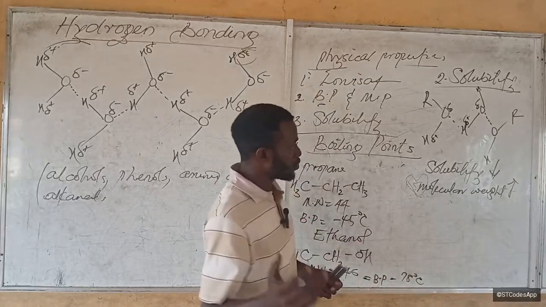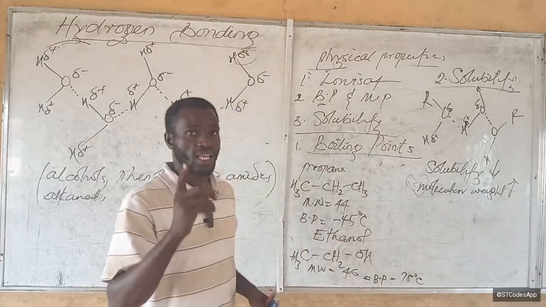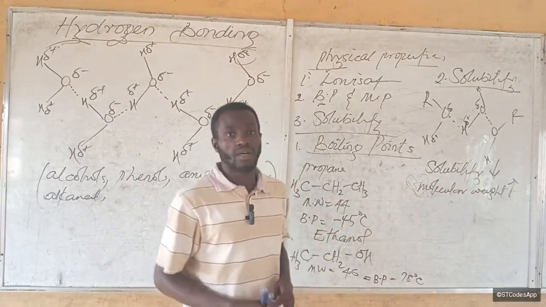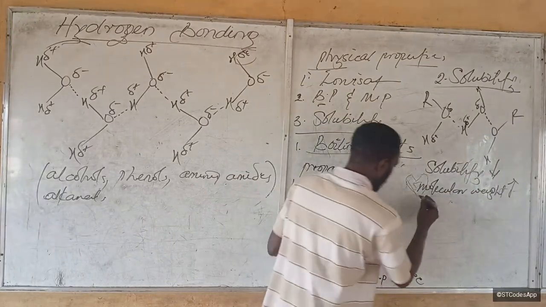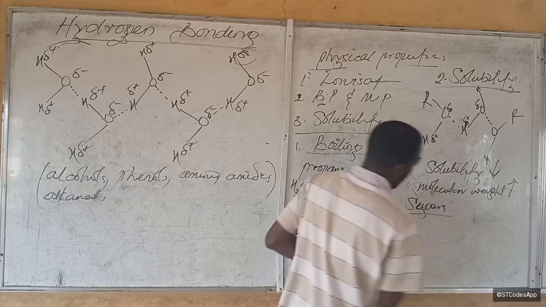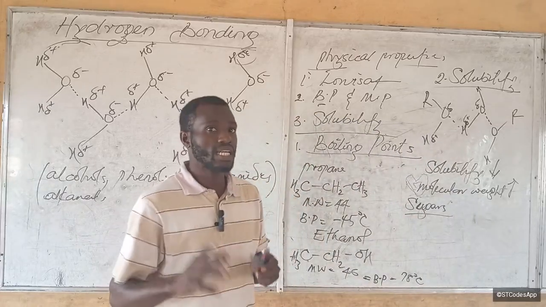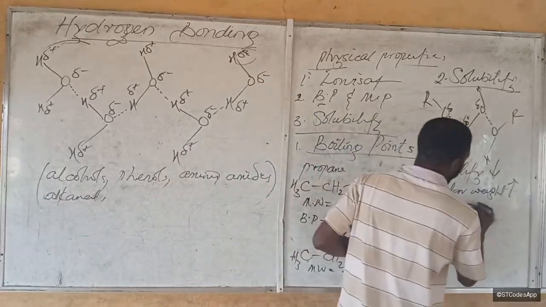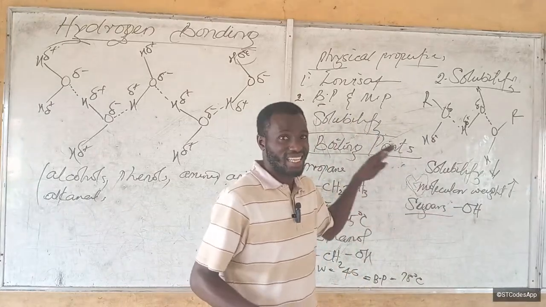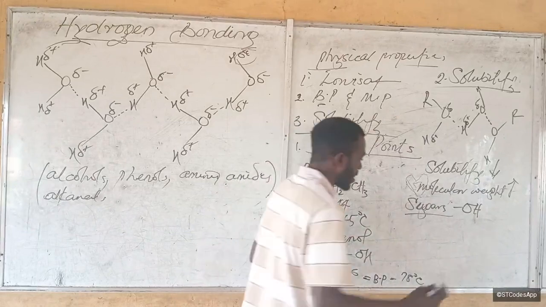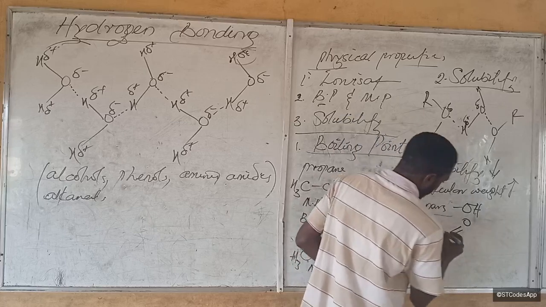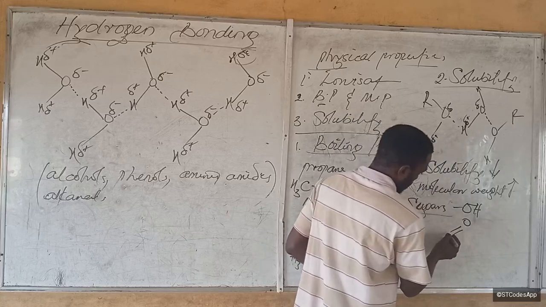Then another thing you should also notice is that even though as the molecular weight increases, the solubility decreases, there are some substances such as sugars, carbohydrates, aldehydes basically. Sugars have high solubility in water, and the reason is because of the many OH bonds that they have in them. An example sugar is something like this.